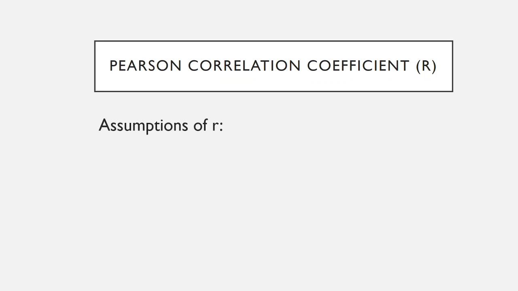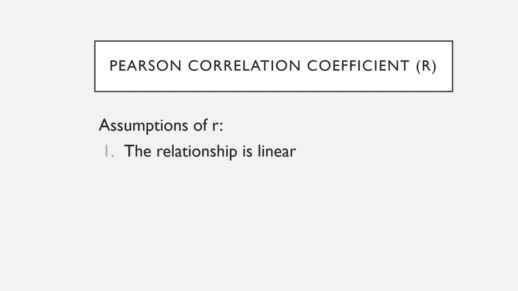There are a few assumptions that need to be met before you can reasonably use and interpret your Pearson's R. All of the inferential statistics that we'll be learning from here on out will have a few assumptions built into the analysis, basically things that you need to at least make sure are met or approximated to be true about your data before you can reasonably use this analysis.